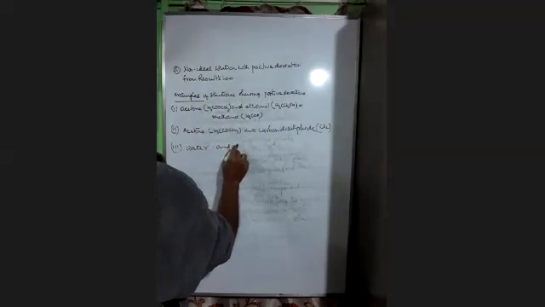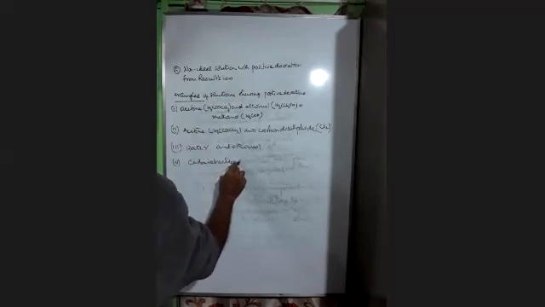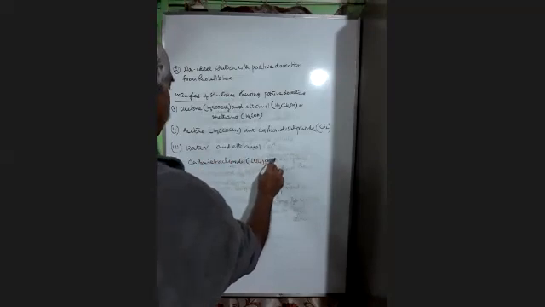I don't think I have to write the formula of water. Water and ethanol. I have already written ethanol. Carbon tetrachloride, CCl4, and toluene.